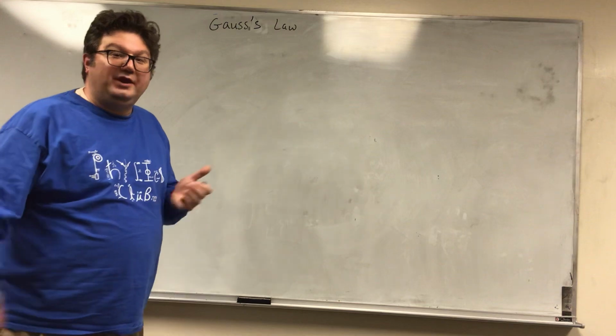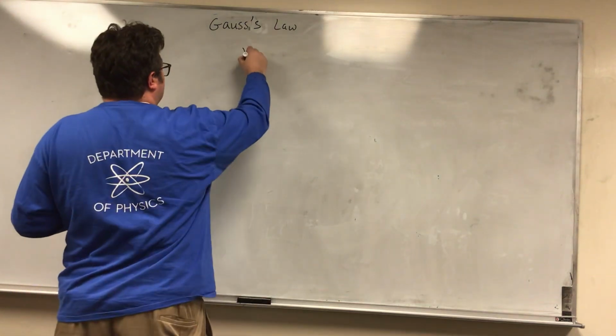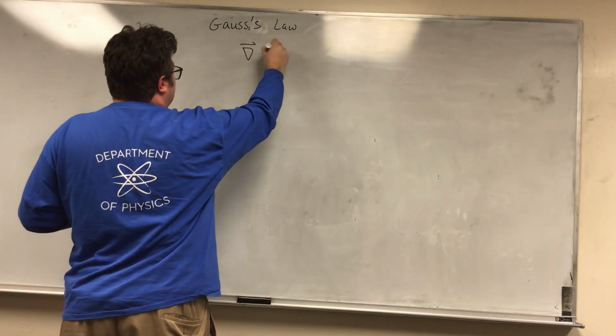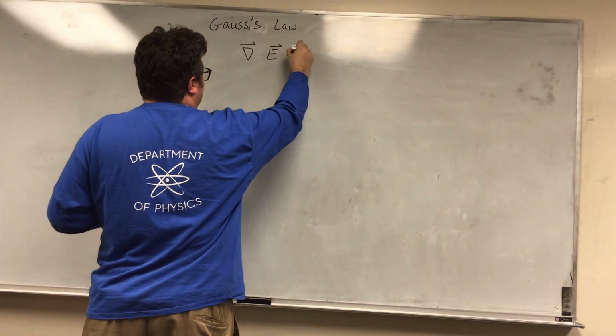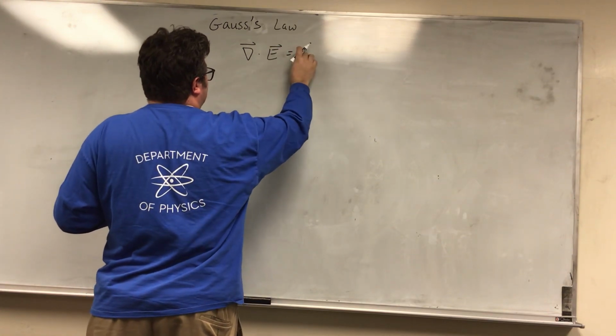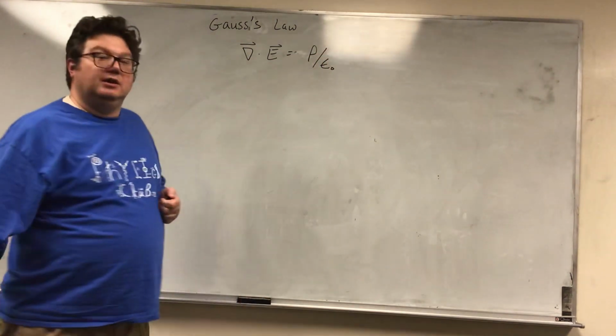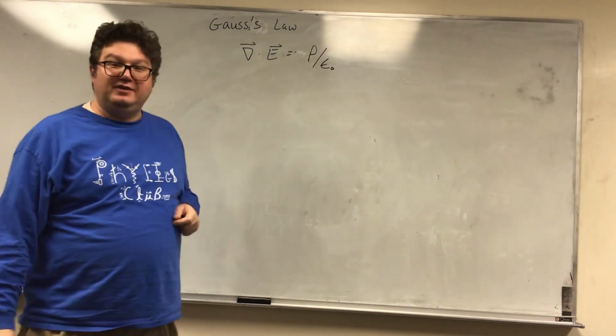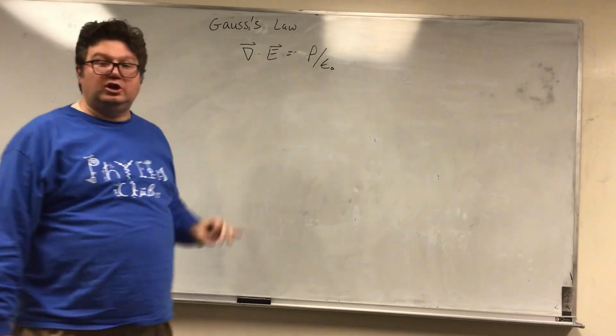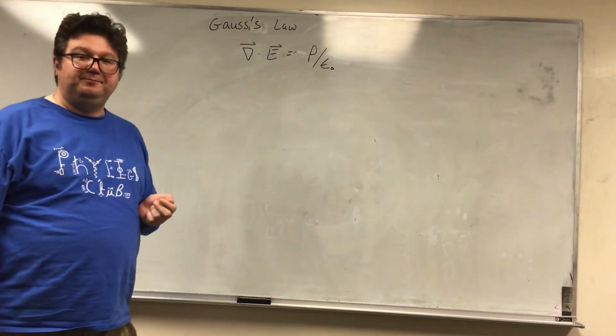Gauss's law, written in differential form, looks like the divergence of E equal to the charge density over epsilon naught.